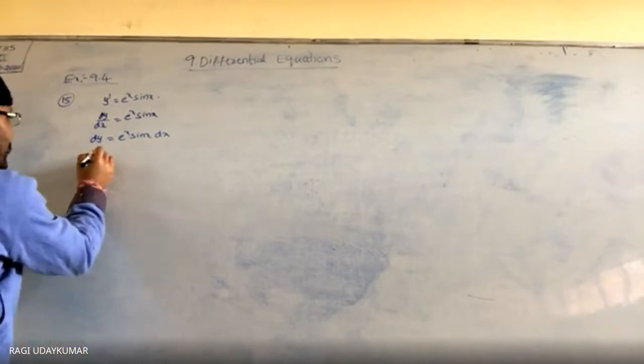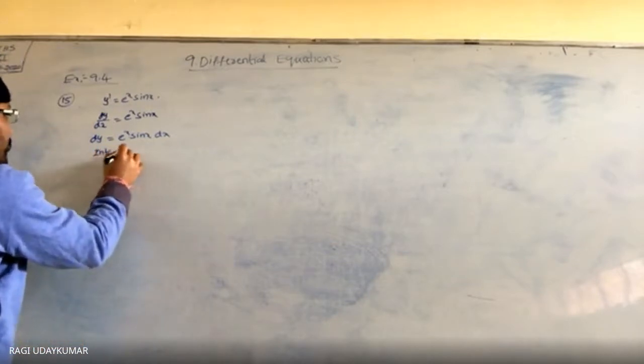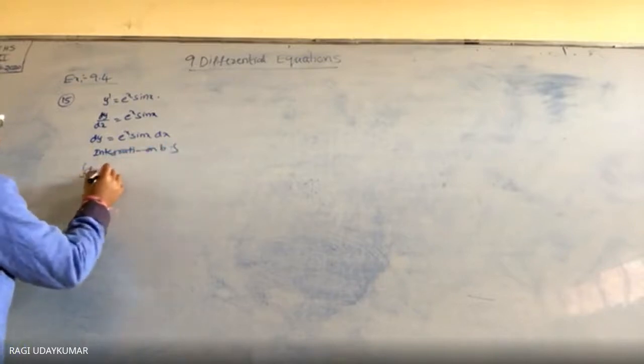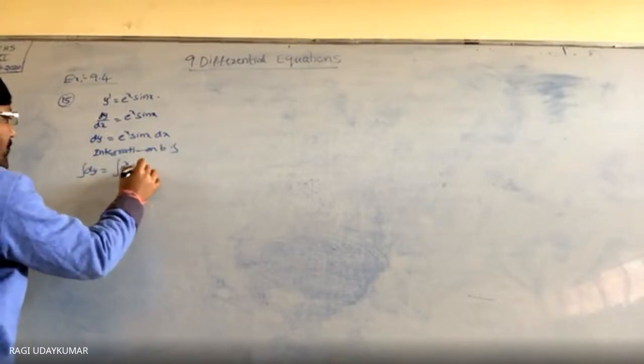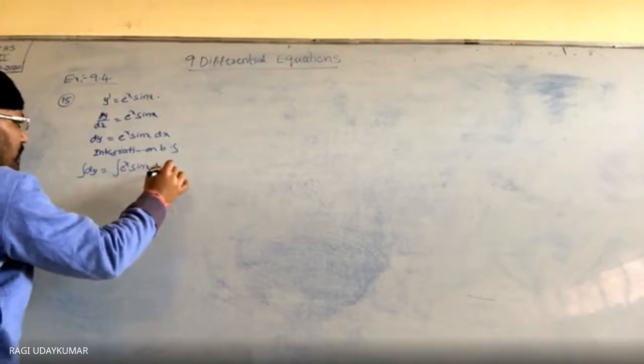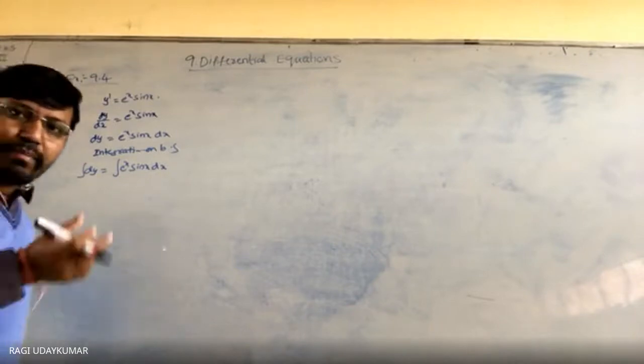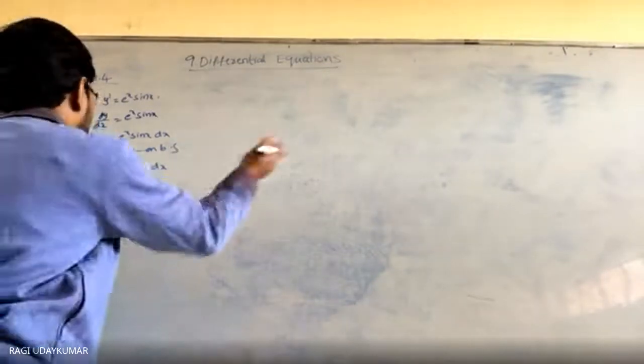So now what? Integrating on both sides. Integration of dy is equals to integration of e power x sin x dx. Find the integration of e power x sin x dx separately. It becomes a little lengthy. So use integration by parts. Separately, if you want, you can do it.